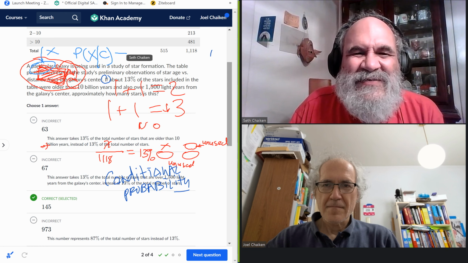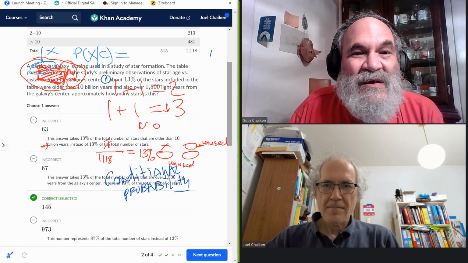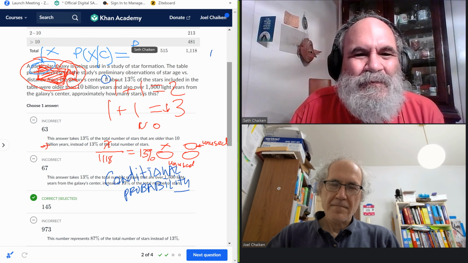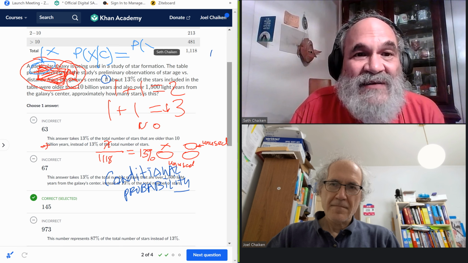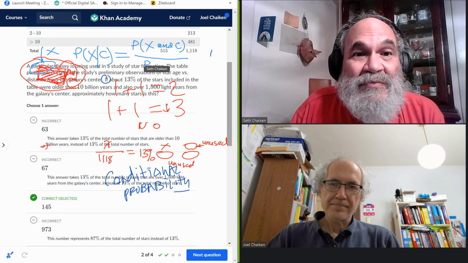We could define this in terms of the probabilities in the diagram: the probability that both X happens and C happens, divided by the probability that C happens.